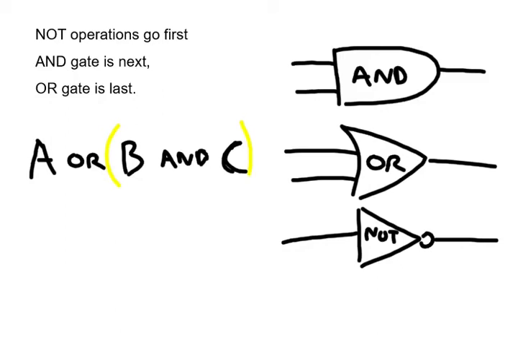So you do your brackets, and then your not gates, and then you do your and, or gates in that order. I'll be honest with you, nearly always it doesn't make that much difference, but only in something like this, where you've got an or and an and in that order, would it most likely actually make any difference.